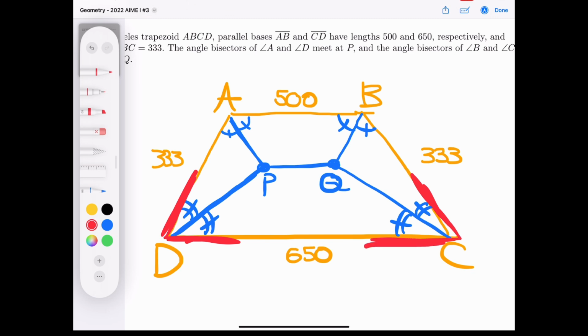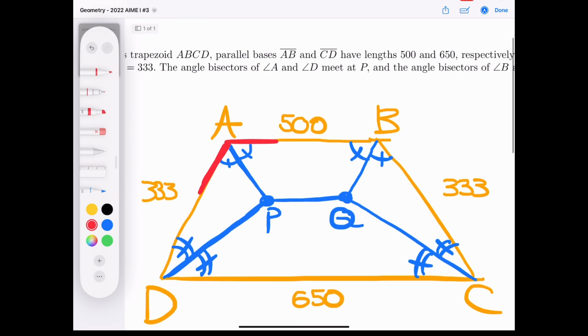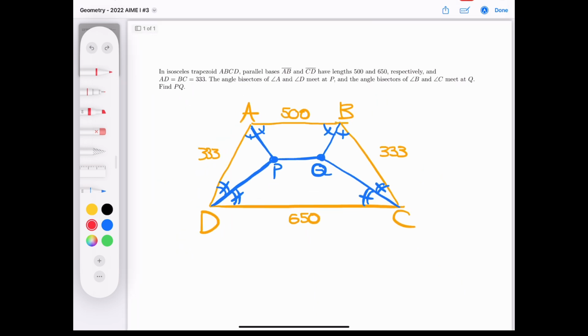If we look at the angles formed by the angle bisectors to angles D and C, we'll get that all these four angles will be equal. The same thing will follow because the trapezoid is isosceles. You'll also get that angle A is equal to angle B. And so the angles formed by the bisectors to angles A and B, all four of those angles must be congruent to one another, which is why I denoted them in the diagram in this way.